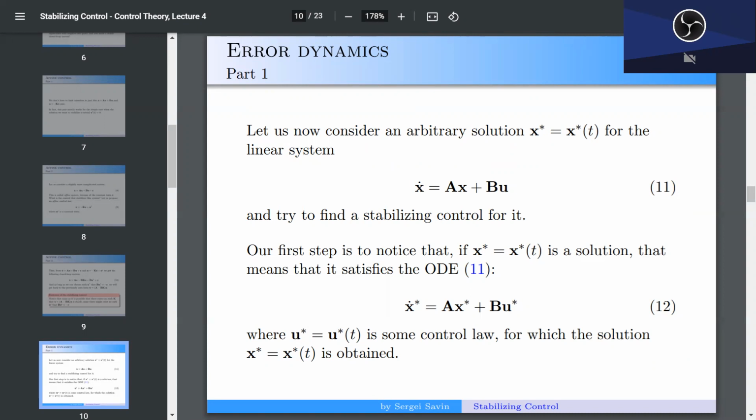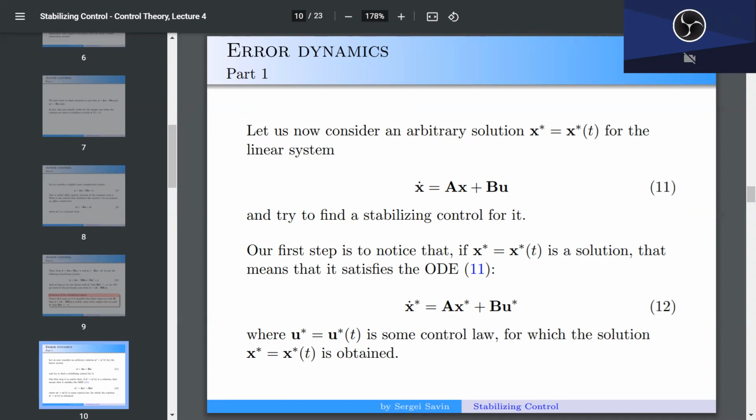Well, the first step is to look at our equation. On the slides, it's equation 11. Here, it's the equation on the blackboard. So this equation allows us to plug our solution in, like this. We just put stars here. So we say x star dot equals a x star plus b, and here it's supposed to be some u.